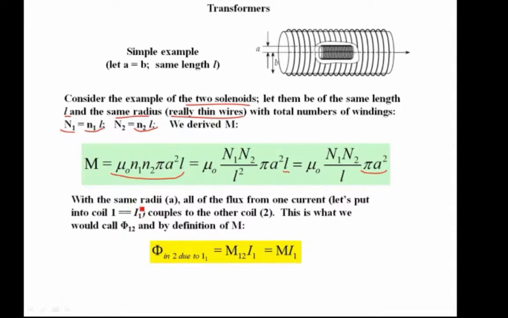With the same radius, all of the flux from one current, let's put the current into coil 1, so we'll have I1, couples to the other coil 2. Remember, this is what we call phi sub 2. By definition of the mutual inductance, the flux in 2 due to 1 is what we called M12 times I1, but remember M12 is just equal to M because M12 is equal to M21.